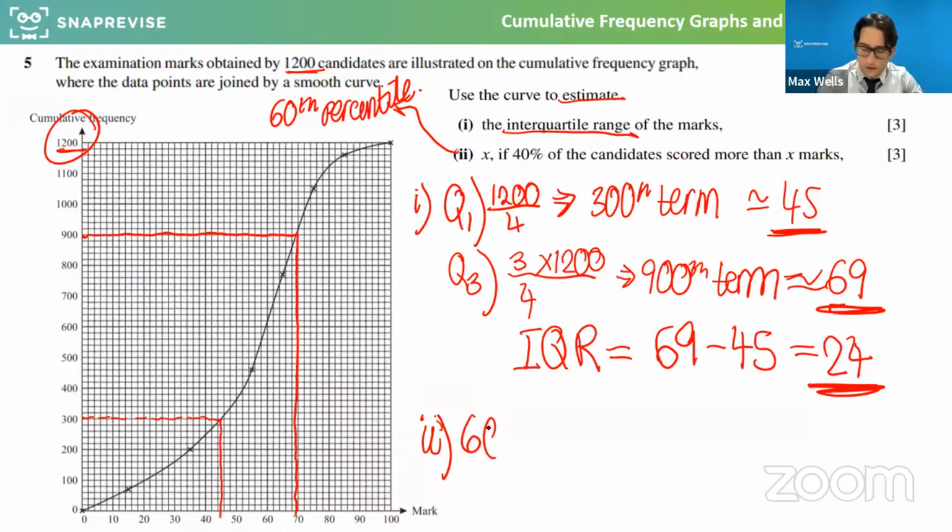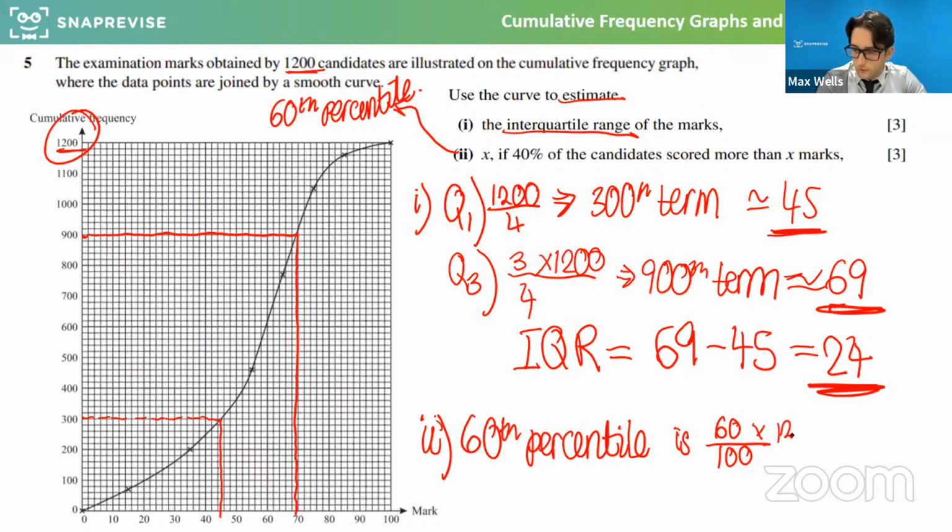So we're looking for the 60th percentile for these 1,200 candidates, and the way to do that is we're going to do 60 100ths of 1,200, and that is going to be the 720th value.